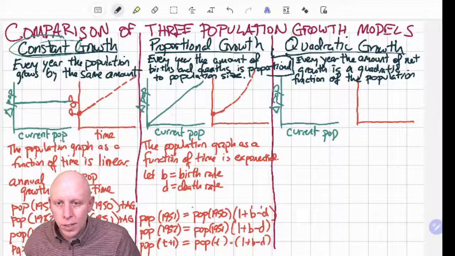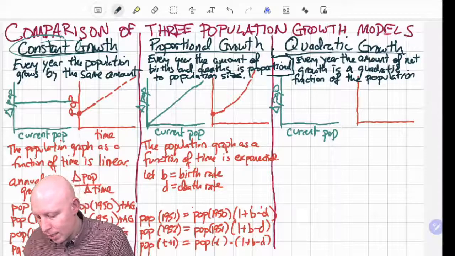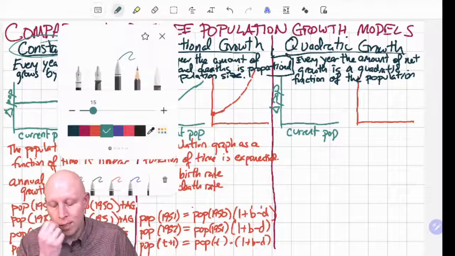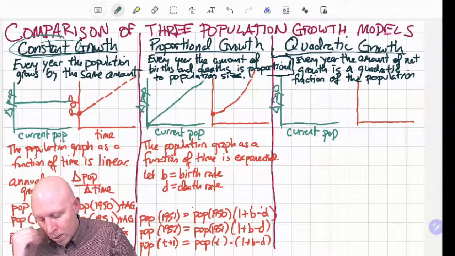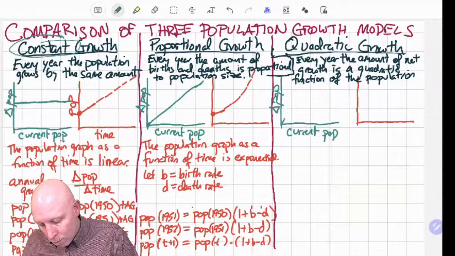All right, let me draw this, and then let's talk about it. Okay, so I'm going to draw a parabola here.